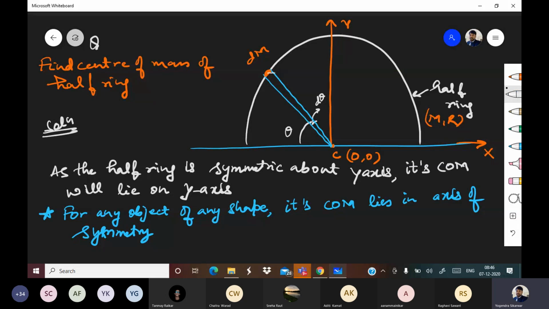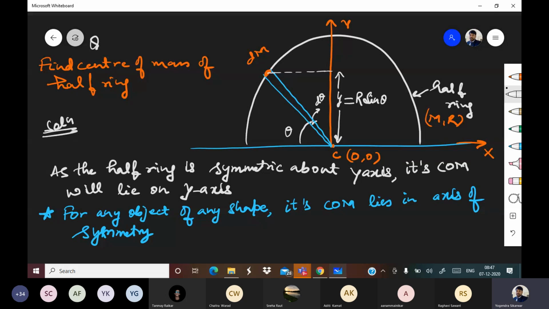This is the y of dm. Suppose this is y, then this y is nothing but r sine theta, because r is the radius and the component towards y will be r sine theta.